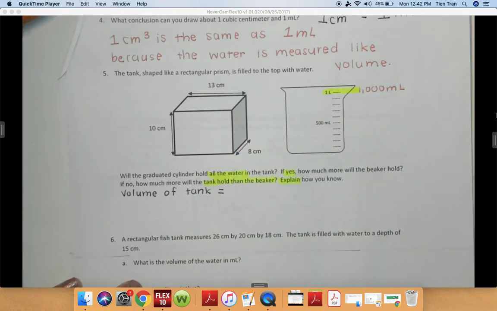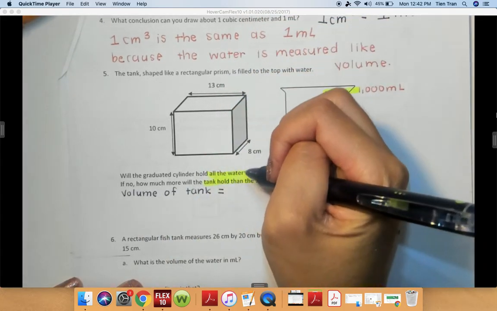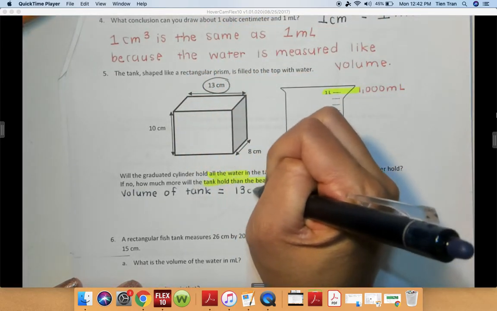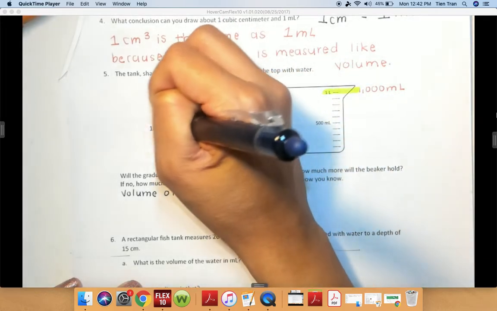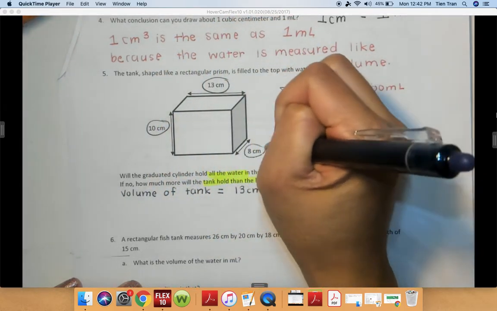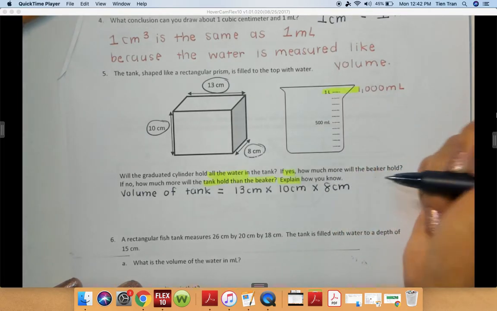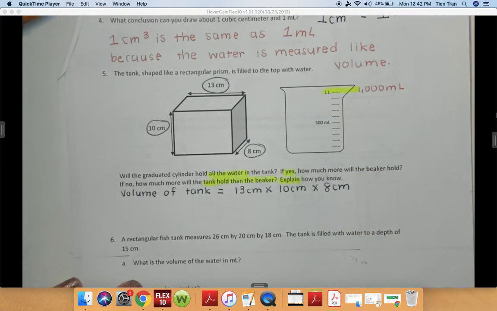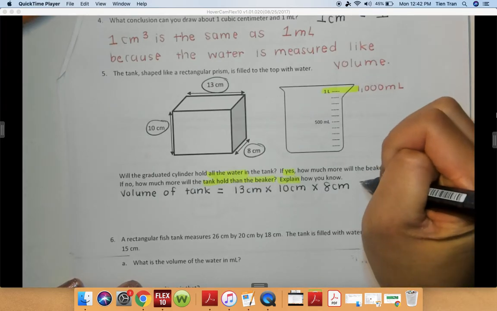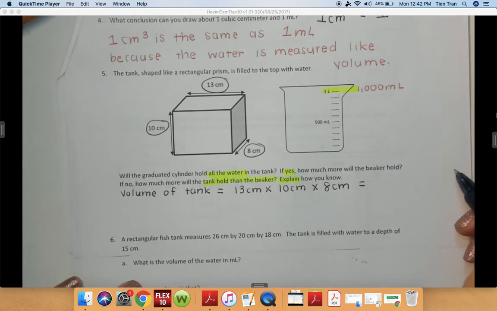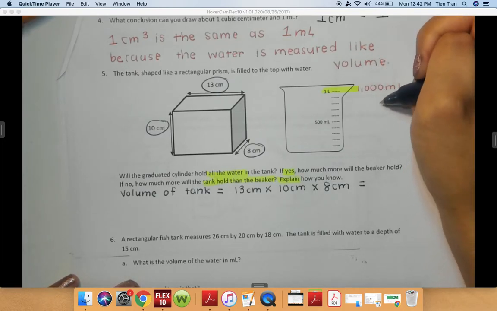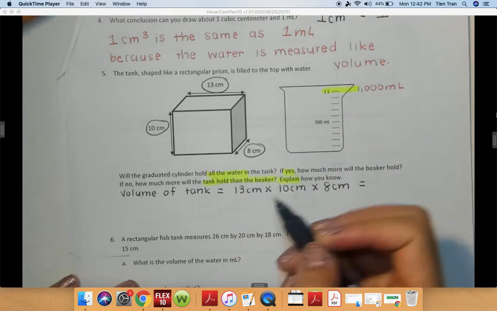is equal to, I'm going to multiply 13 centimeters times 10 centimeters times 8 centimeters. When I multiply that all together, I'm going to get a number right here. I'm going to show you how I multiply it by writing it right over here. So I'm going to multiply 13 times 10.